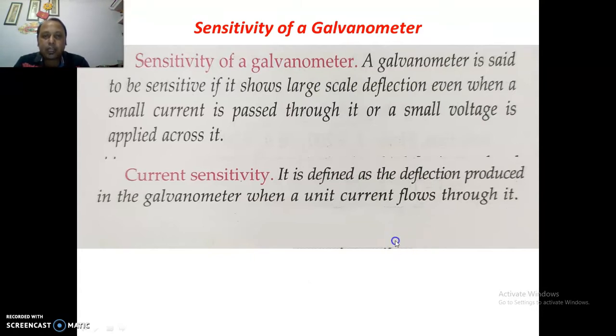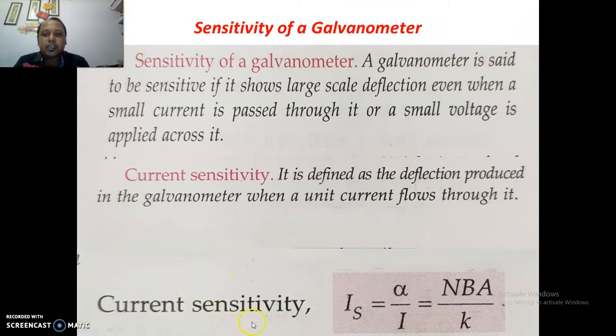So alpha upon I is the current sensitivity, Is, which is alpha upon I. The value of alpha is NBAI upon K. So the value of alpha by I will be NBA upon K, where N is the total number of turns of the galvanometer coil, B is the applied magnetic field by the horseshoe magnet, A is the area of the rectangular coil, and K is the torsion constant.